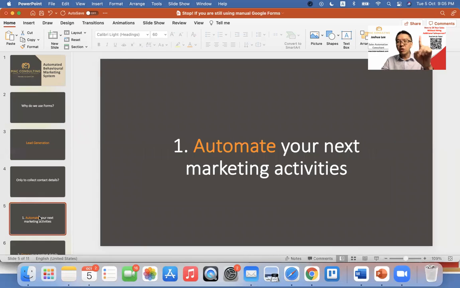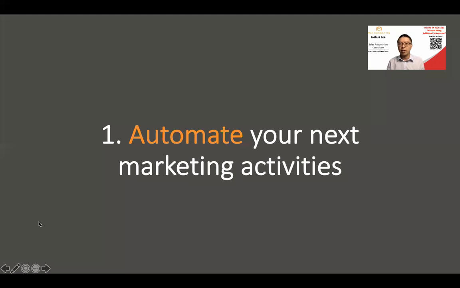If you're using an automation tool, the first thing it can do with a simple feature, which is form. Inside the automation tool, there is a feature called form. This form helps you automate all your next marketing activities. That means it doesn't stay there as contact details; you can automate what happens next.